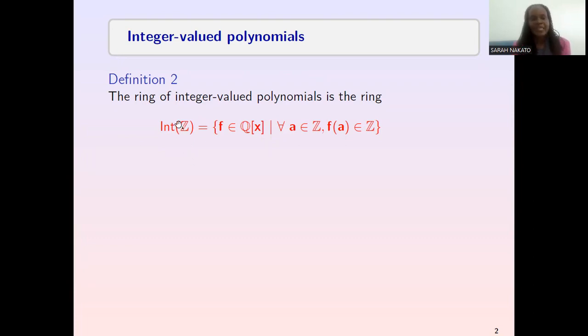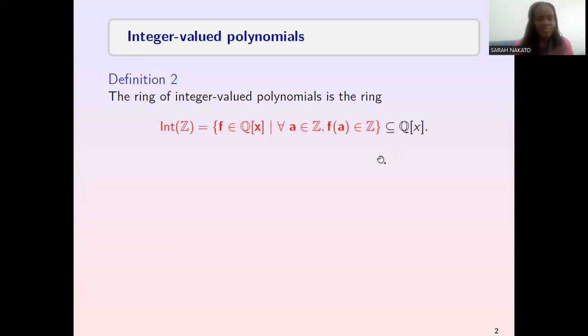So the ring of integer valued polynomials is the ring Int(Z). Now these are polynomials with rational coefficients, still such that when you input an integer, the output is an integer. So that is Int(Z). And in particular, it's also a subring of Q[x].